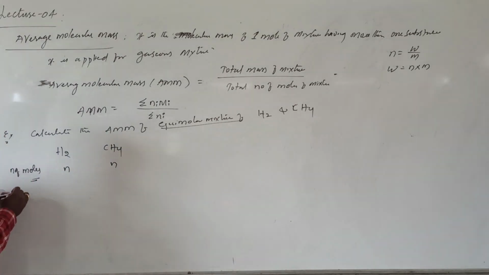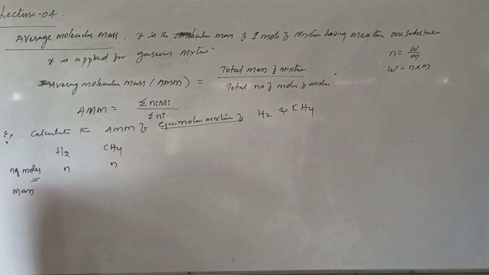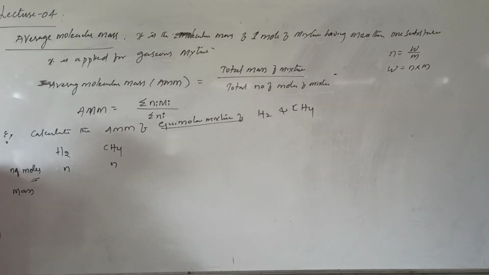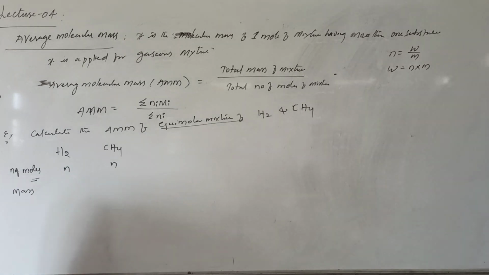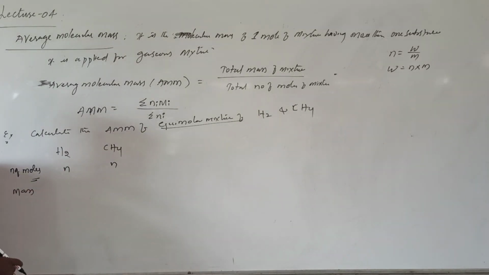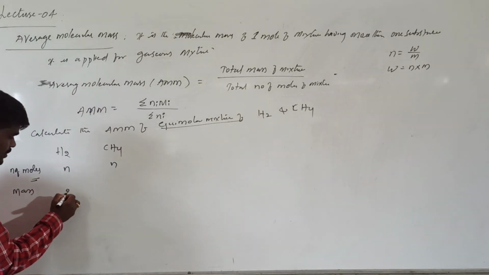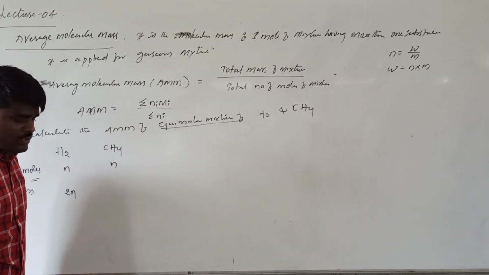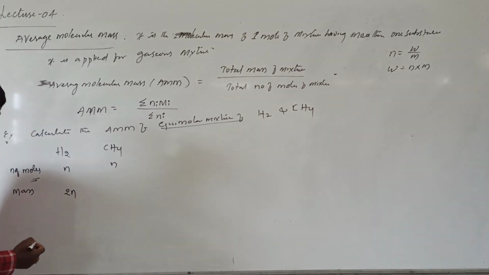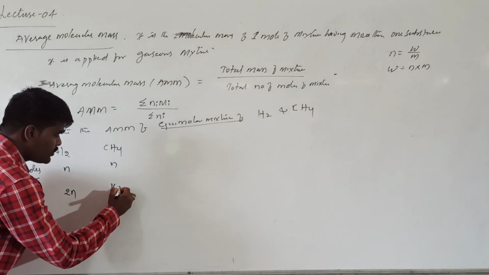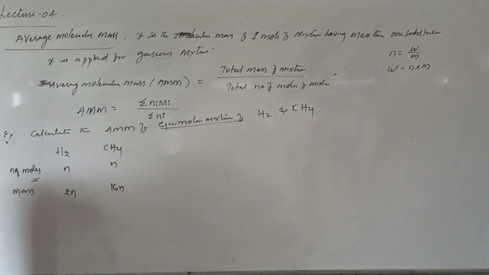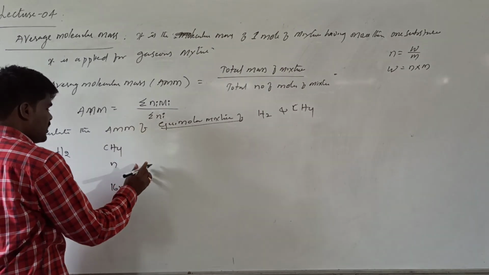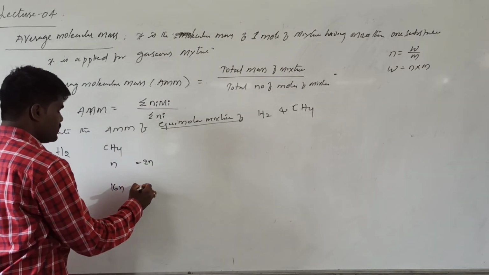And what about the mass? Generally, we know that mass is equal to product of number of moles and molar mass. What is the molar mass of hydrogen? 2. Then what will be the mass? 2n. And what is the molar mass of methane? 16. So what will be the mass of n moles of methane gas? 16 into n. From this, total number of moles are how many? 2n.